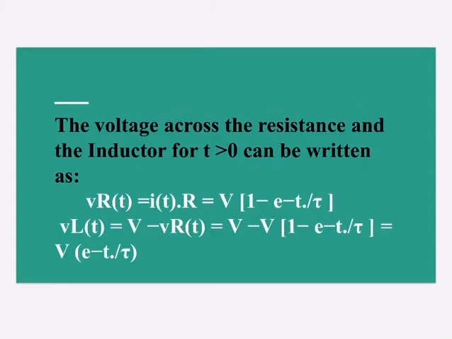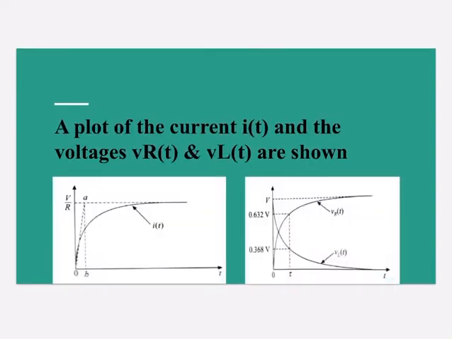So we have both plots, for the current and the voltages, for this transient series RL circuit as shown here. The first plot is for the current and the second plot is for the voltage.